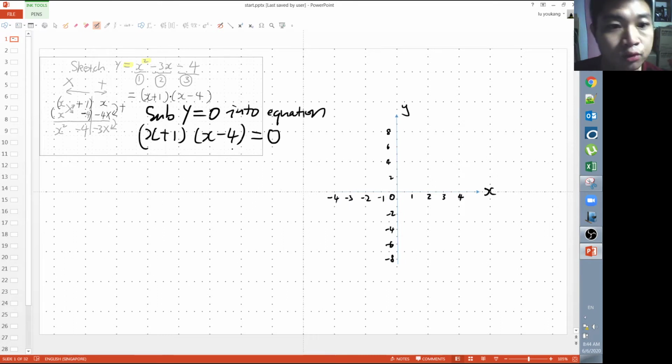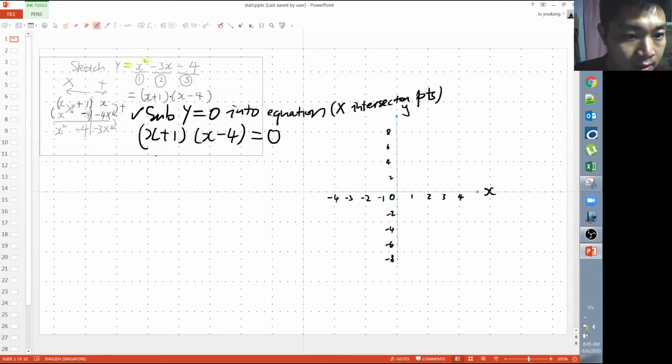Why do you need to sub y equals 0 into the equation? Because this step can help you find your x intersection points. y equals 0 is the x-axis, so you can find your x intersection points.